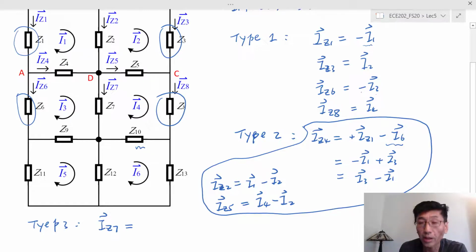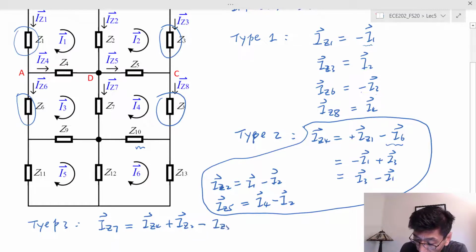So that should be the sum of entering currents, which is I sub z4 plus I sub z2. I sub z2 is also entering this node, right? And the I sub z5, that's a leaving, but we need an entering, so we add the negative I sub z5. And that's the KCL equation.